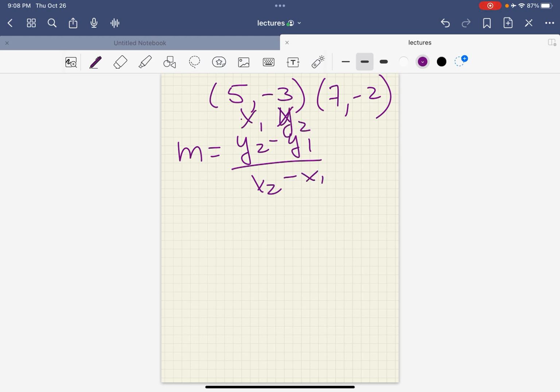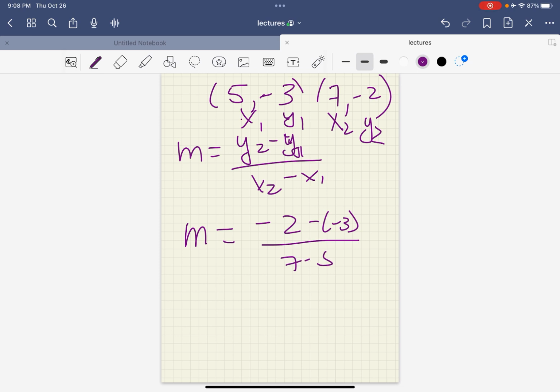That's x1, this is y1, -3, and that's x2, y2. So -2 minus a -3 over 7 minus 5. -2 plus 3 would be 1 over 2. So the slope is 1/2. That's A.